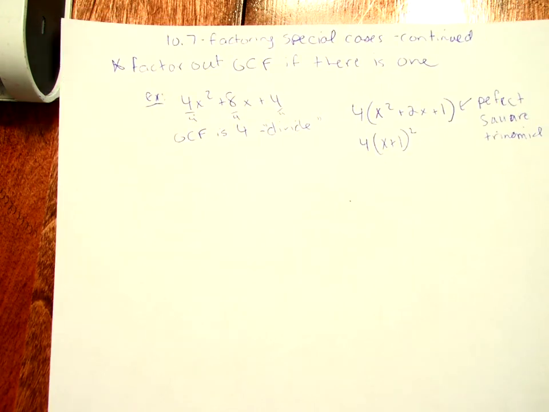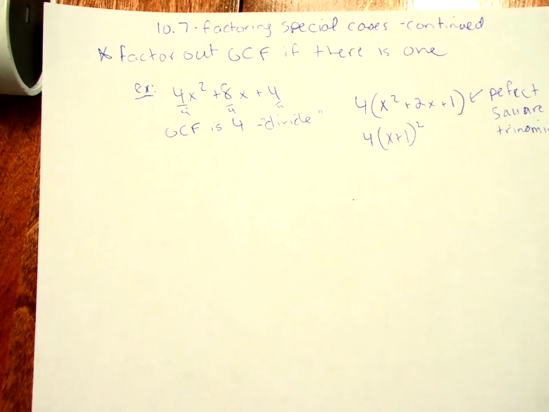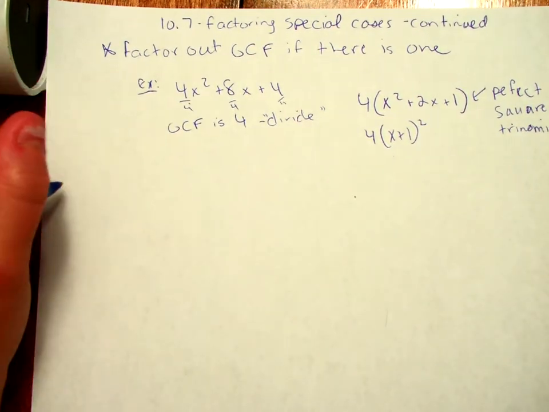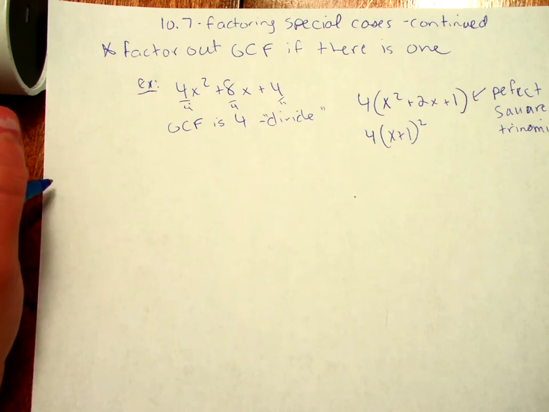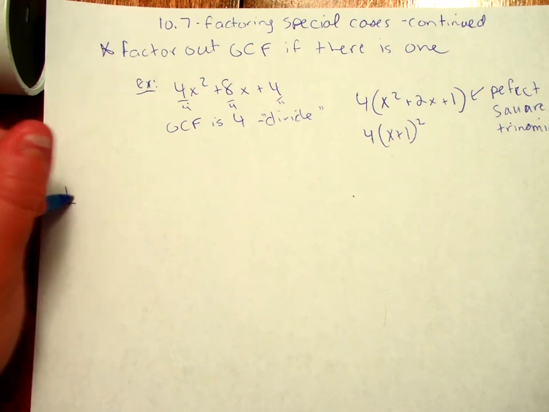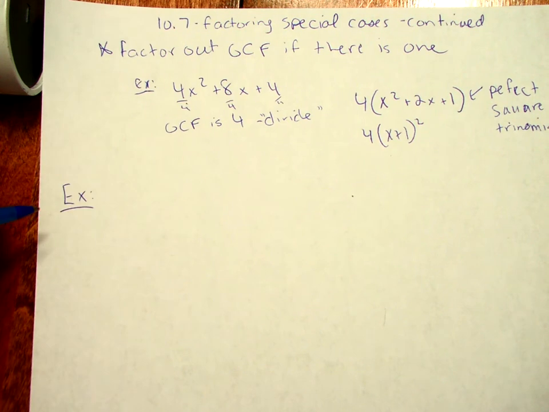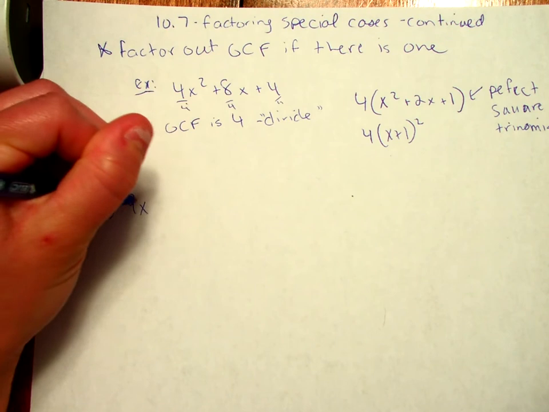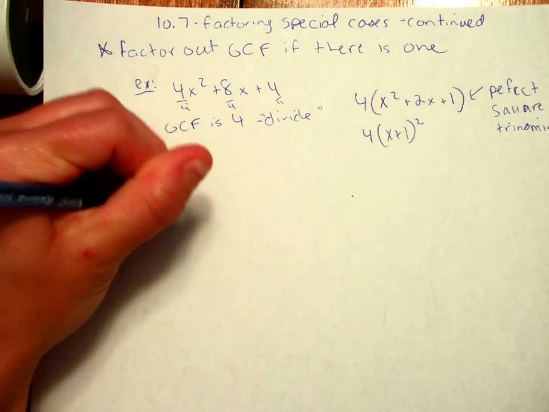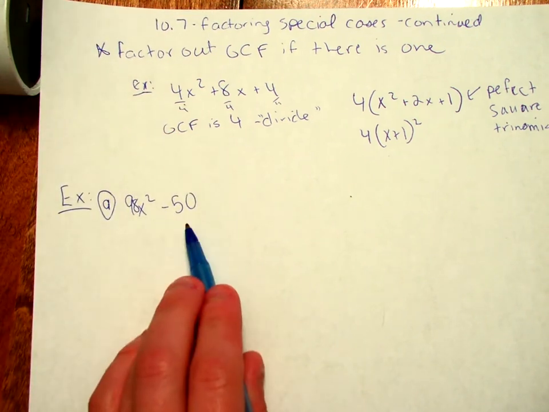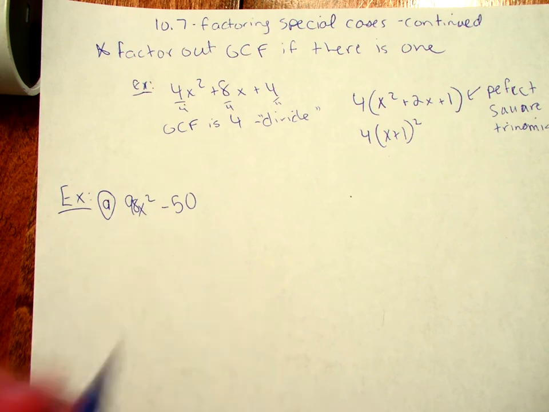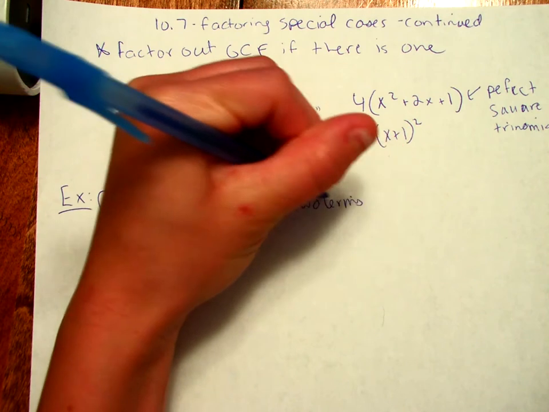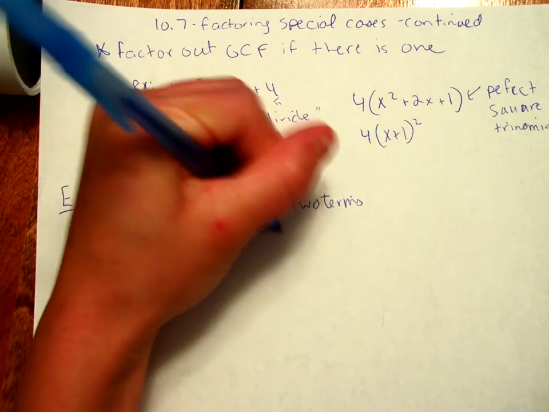So when you're factoring out a GCF, it can get a little complicated. The following examples are going to look similar to a difference of squares, but they're not, because as much as they have 2 terms, the A and the C, they're not perfect squares.